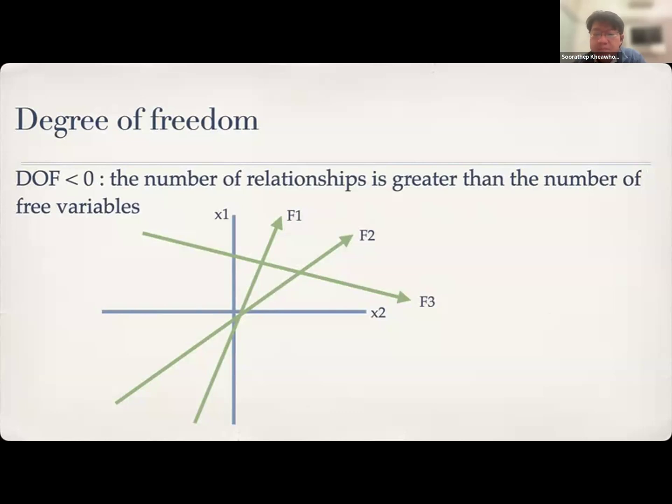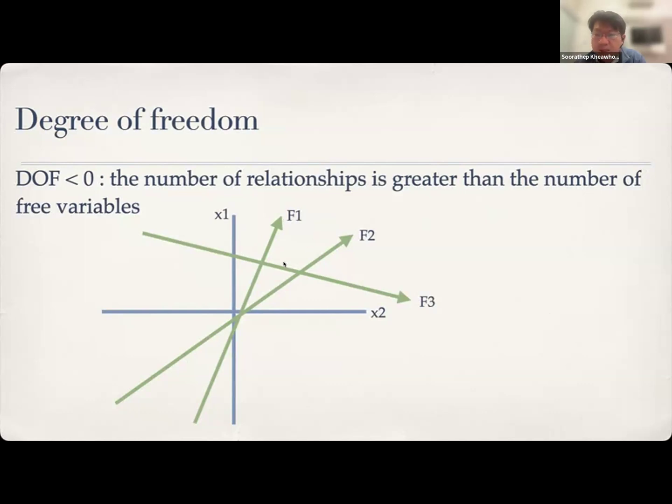What about degree of freedom less than 0, that is, negative? That means the number of relationships is greater than the number of free variables. You have more conditions than the number of decision variables that you can freely adjust. For example, in this graph, we have x1 and x2, or x and y.